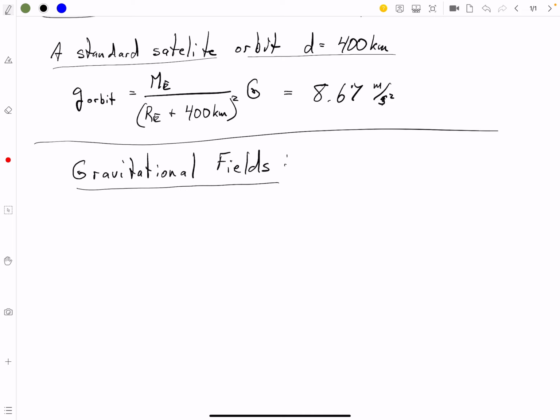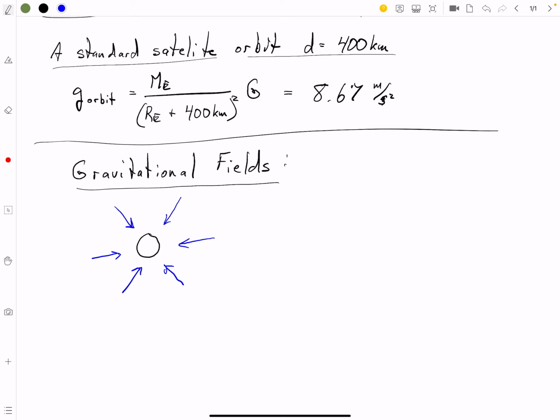So we're just going to look at a massive object, and the fact that this massive object has a field that pulls objects into it equally on all sides.